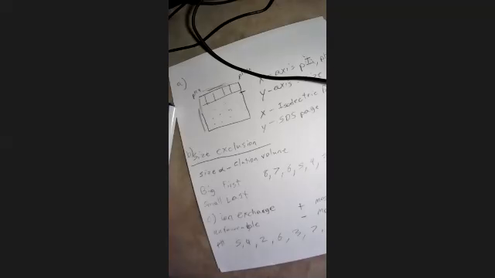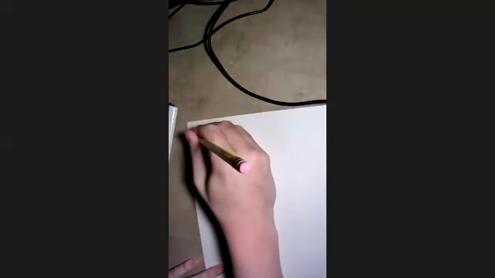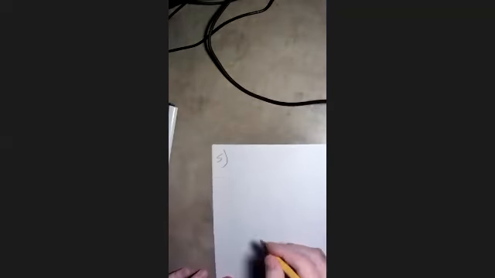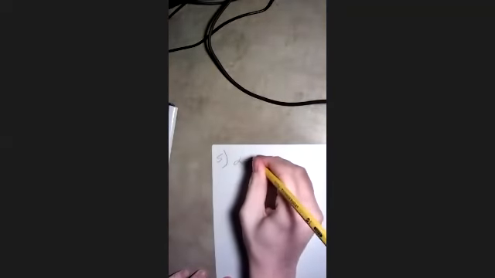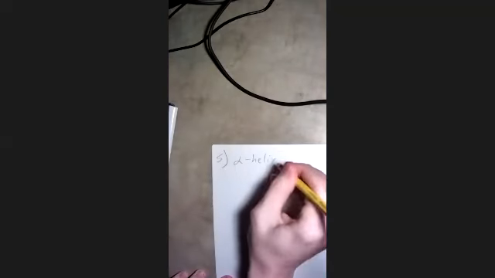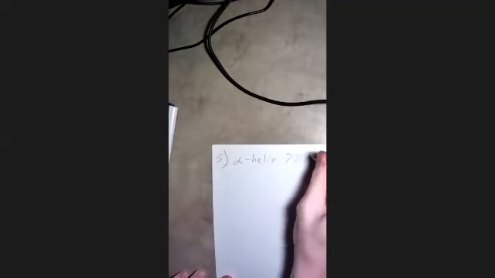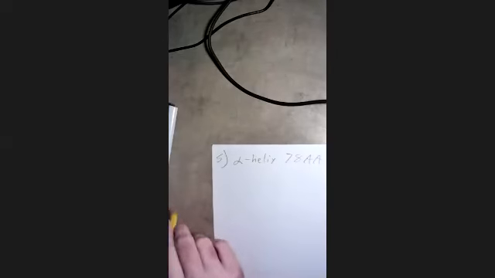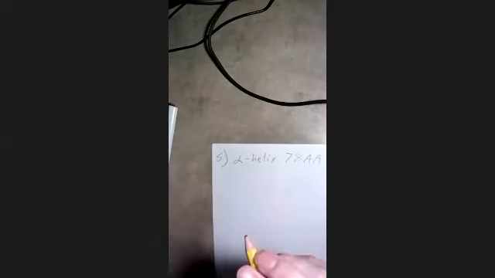All right, 5. 5 is fun. You have an alpha helix that has 78 amino acids, and they're asking what the length of it is, like it's a coil.